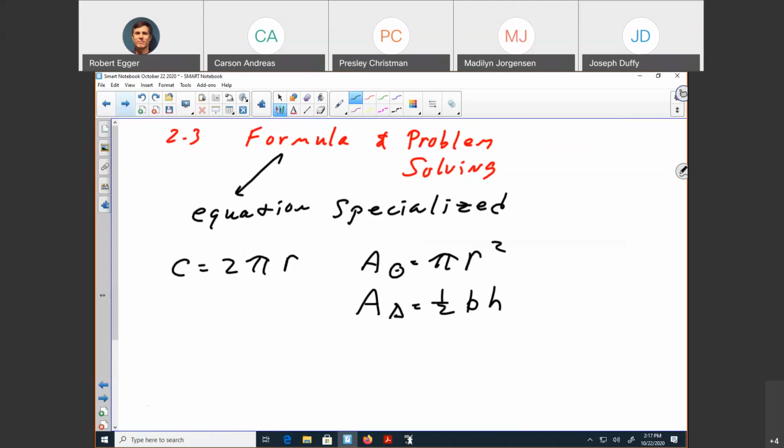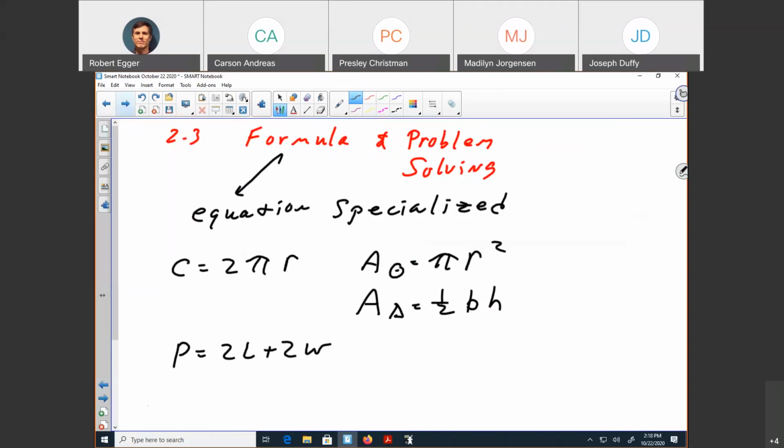What's the formula for the perimeter of a rectangle? The perimeter is 2 lengths plus 2 widths, 2L plus 2W. Okay, so that's our formula. It's an equation.